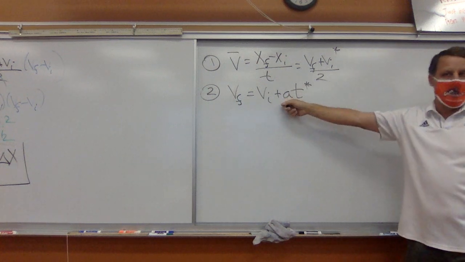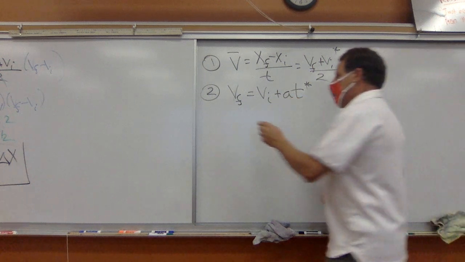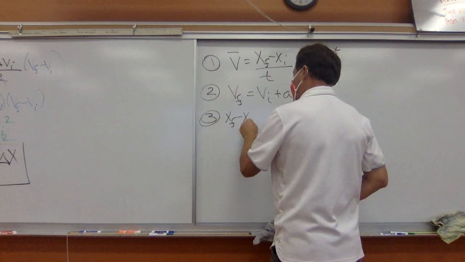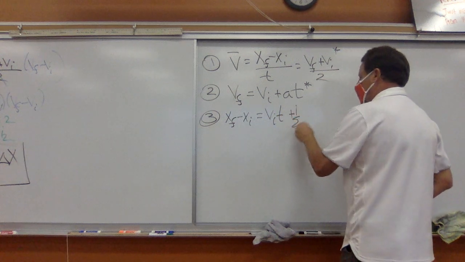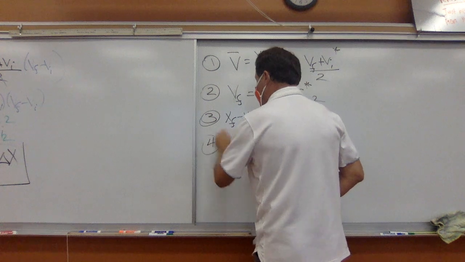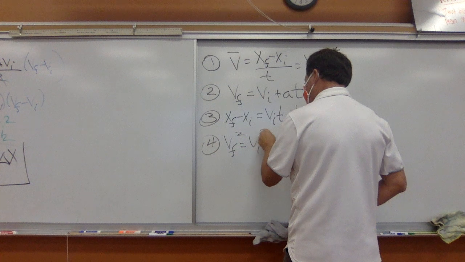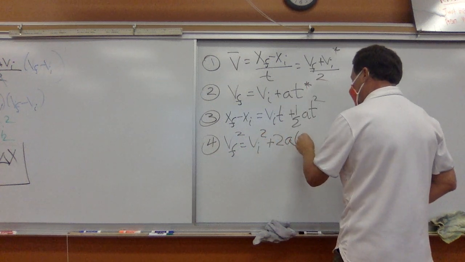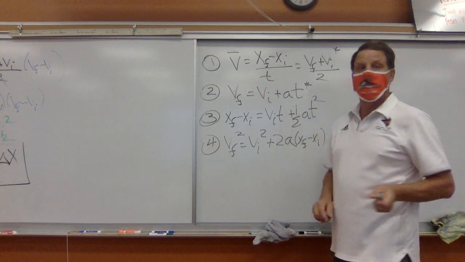Again, constant acceleration. Okay. Equation number 3 is x final minus x initial is equal to v initial t plus 1/2 a t squared. And then finally 4 is v final squared is equal to v initial squared plus 2a times x final minus x initial.